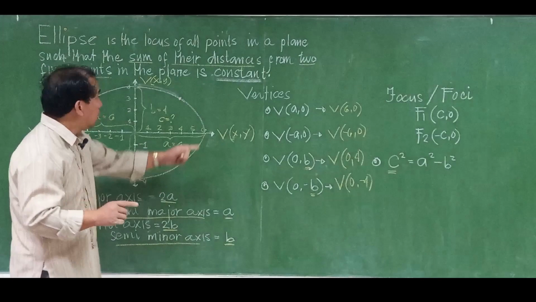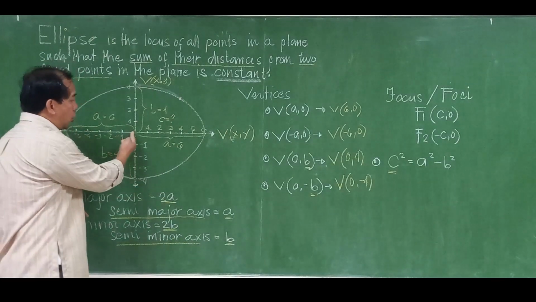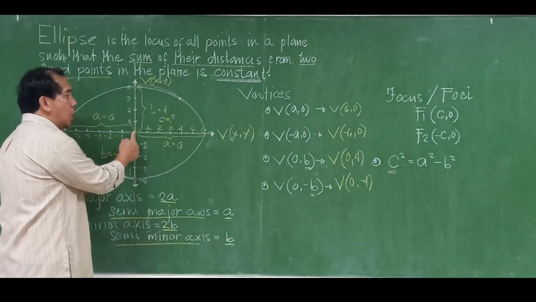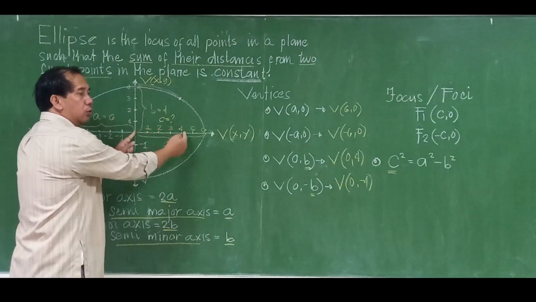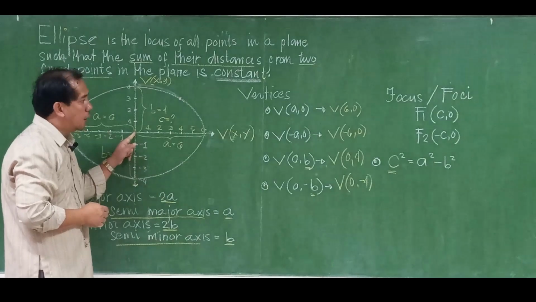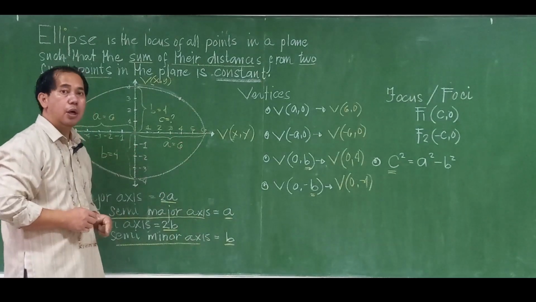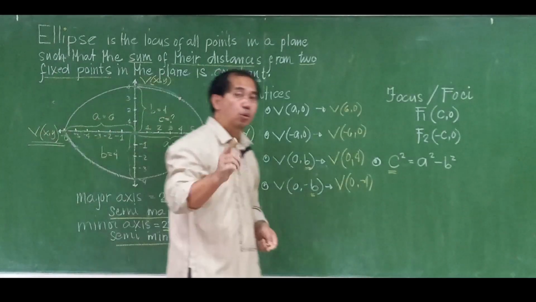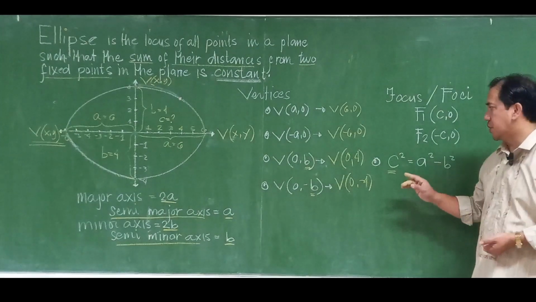The C in the ellipse is actually the measure of a segment coming from the center of the ellipse going to the location of the focus. But again, as I said, our C is unknown. So that must be our focus today, or our concentration today, to look for the value of C.